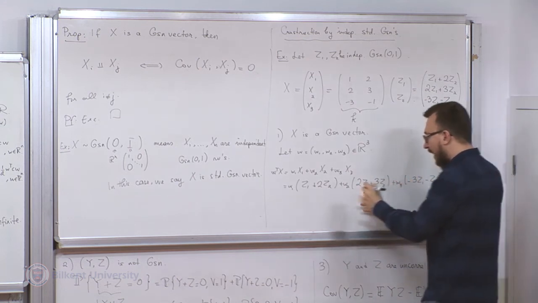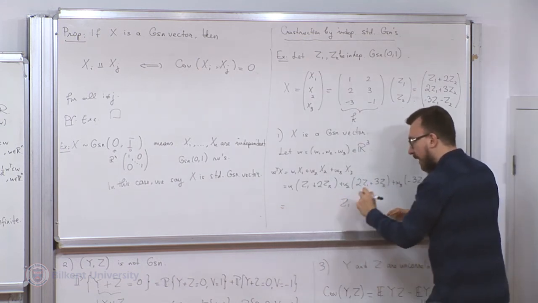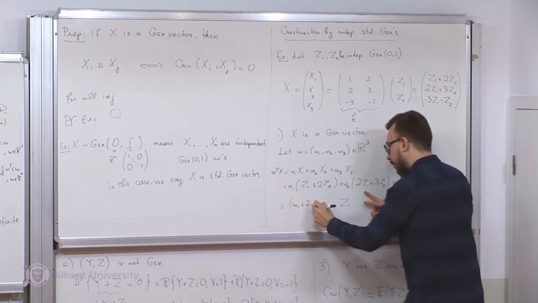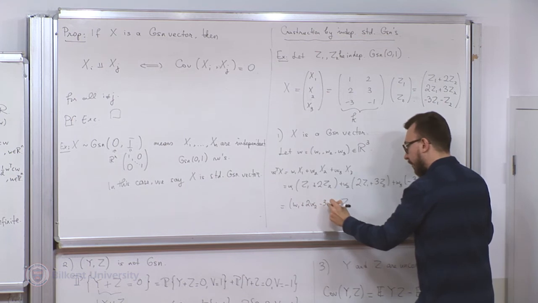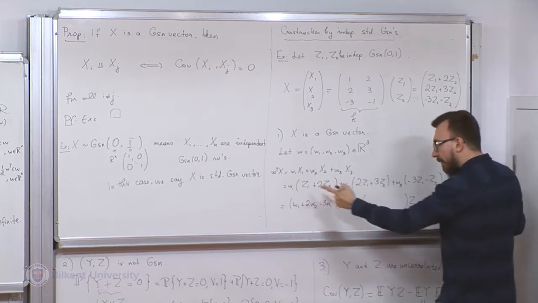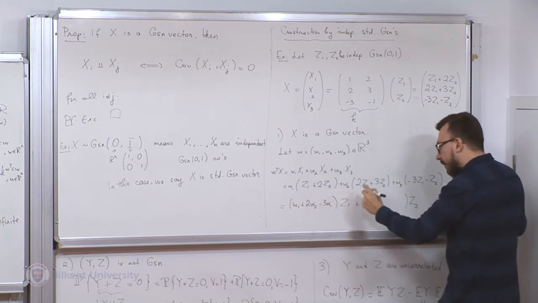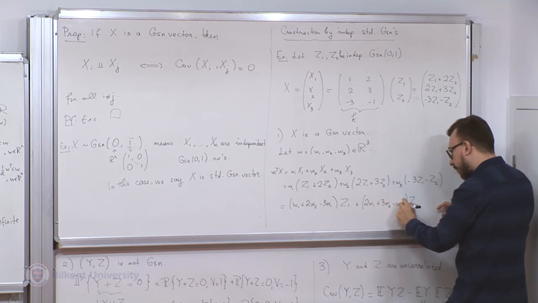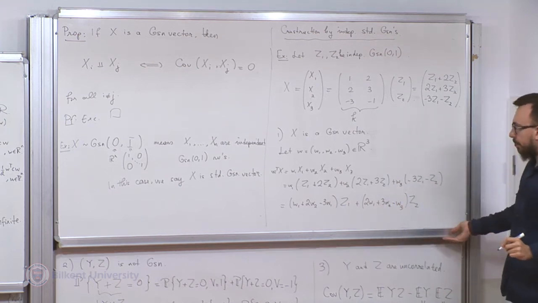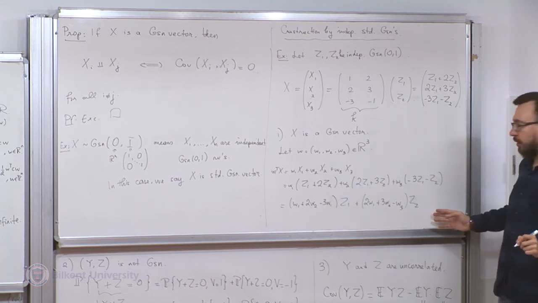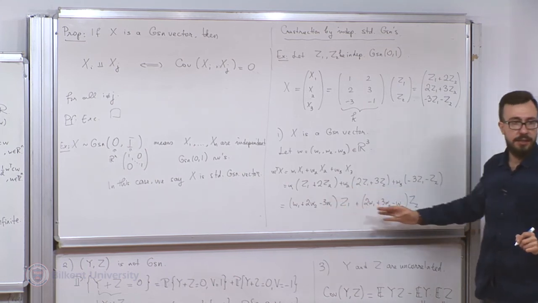So if I combine the terms with Z1, I have W1 plus 2W2 minus 3W3. And if I collect the terms with Z2, I have 2W1 plus 3W2 minus W3. Now, how can we say that this is Gaussian?